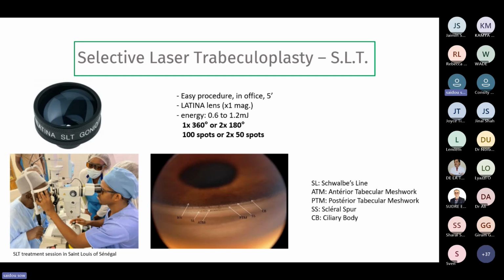What we should know is that we have to use 100 spots for the 360 degrees, or 2 times 50 spots. Here in this image, we can see the different structures of the iridocorneal angle, with the Schwalbe line, the anterior trabeculum, the posterior trabeculum, the scleral spur, and the ciliary body.